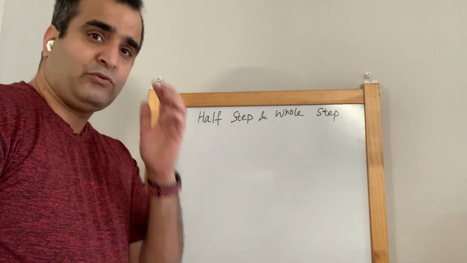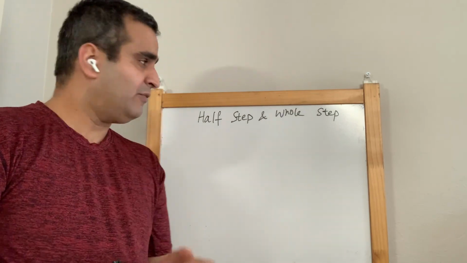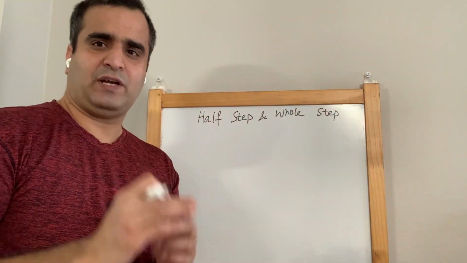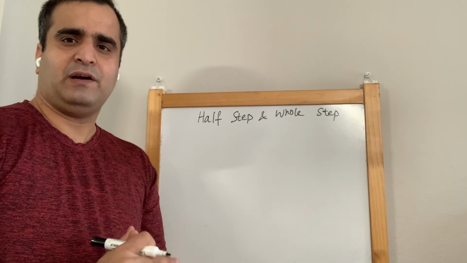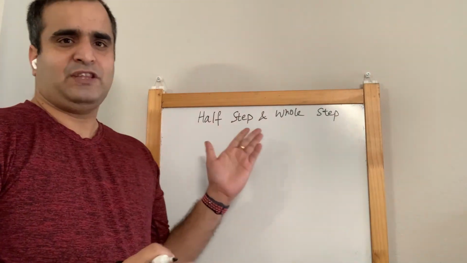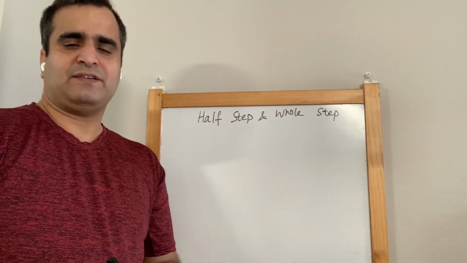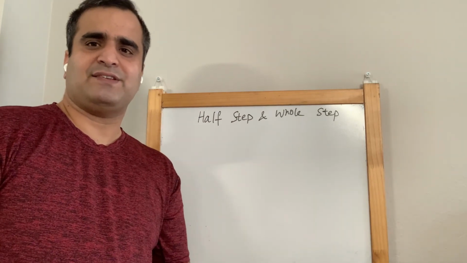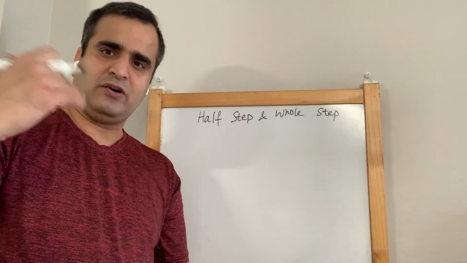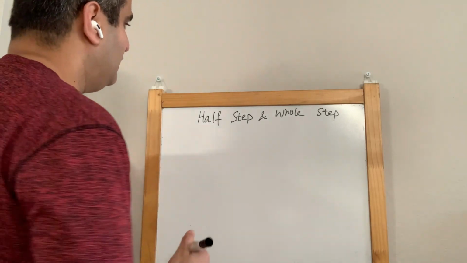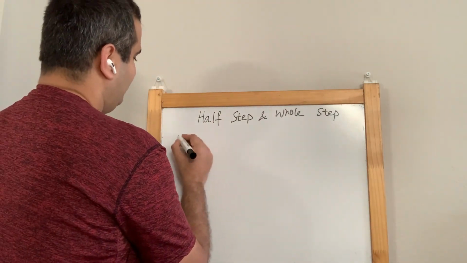Now we will quickly talk about half step and whole step, what that means. It's very important, and understanding this now is going to help you in future lessons when we start learning about scales and derive chords out of them. So it's a very important topic.